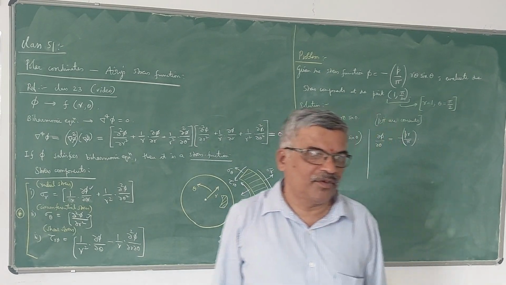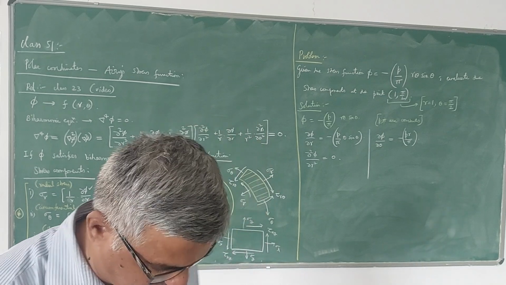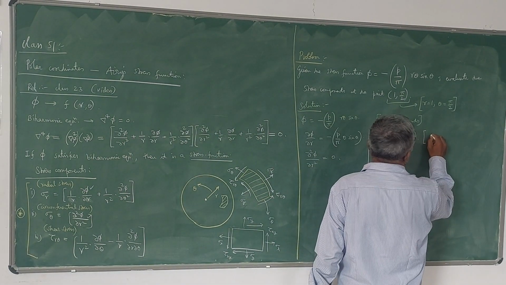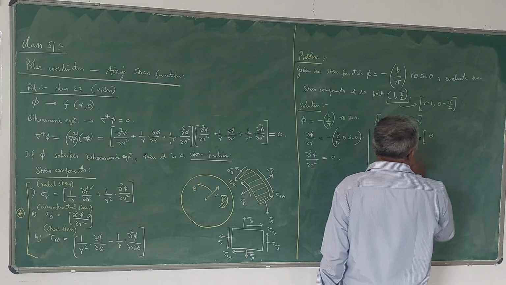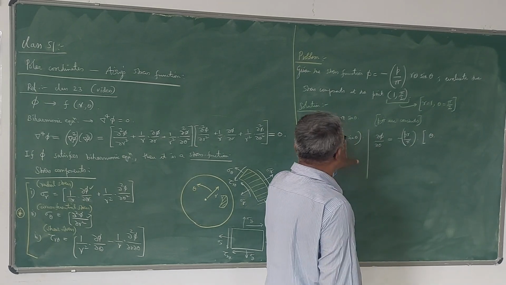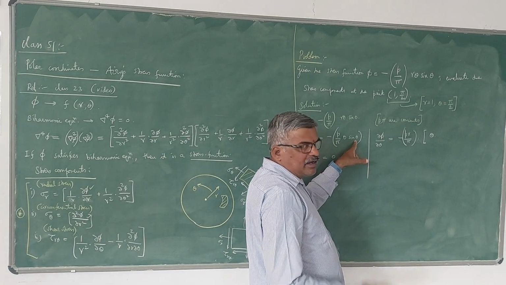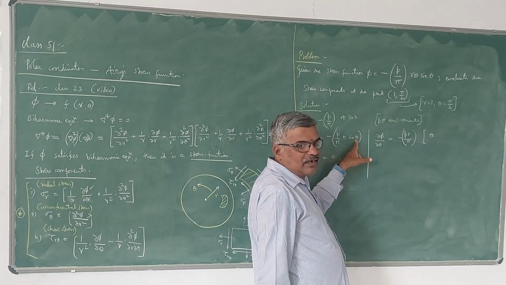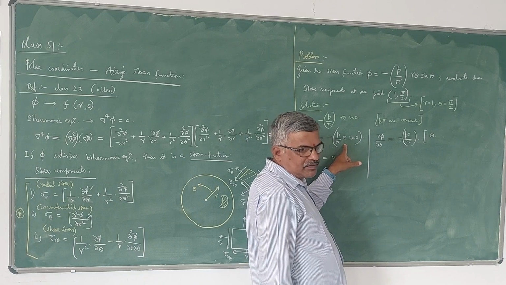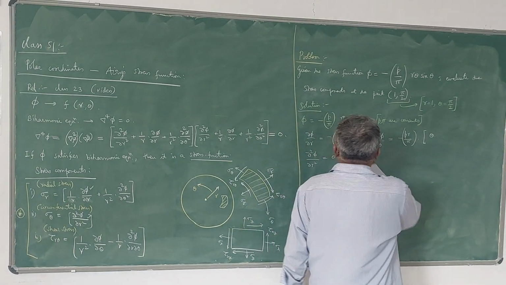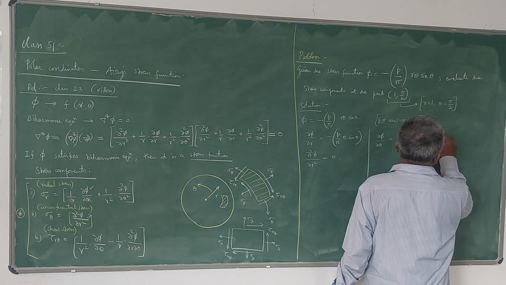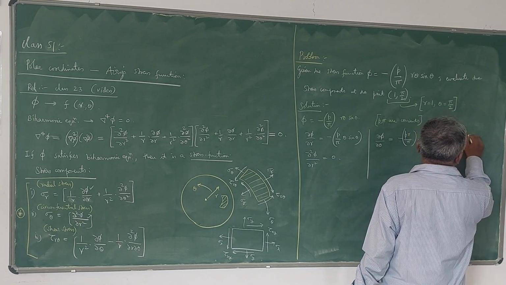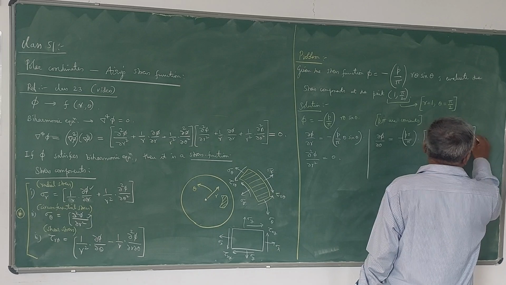We have to use the product rule. What is the derivative by product rule? First function is theta, second function is sin theta. U into derivative of v plus v into derivative of u with respect to theta. So theta into derivative of sin theta, which is cos theta, plus the second function sin theta, the derivative of theta being 1.